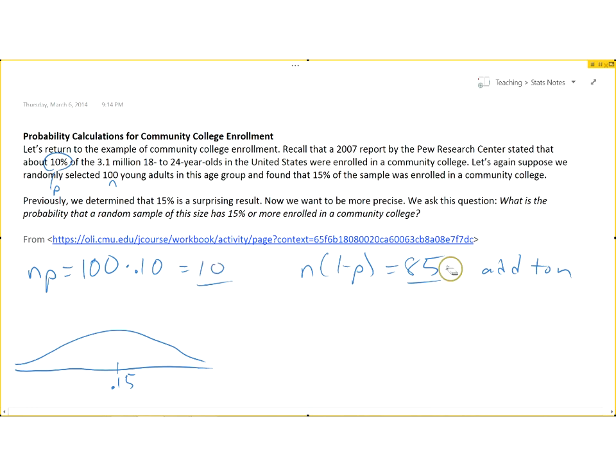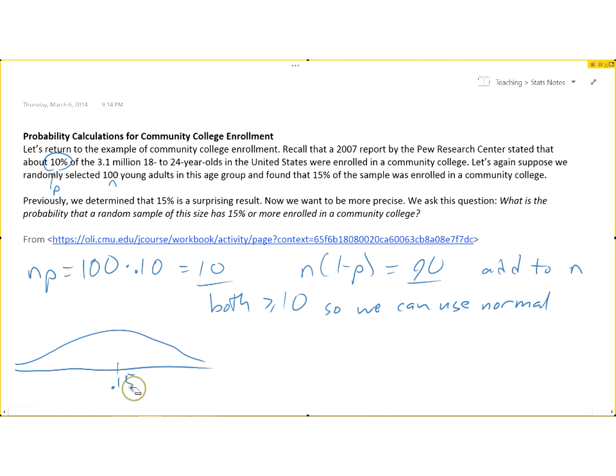So that'd be 10 there and 90. It's still okay. Those add to n. So these are both greater than or equal to 10. So we can use normal.